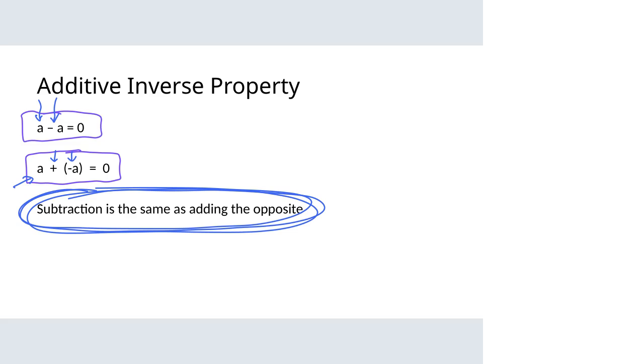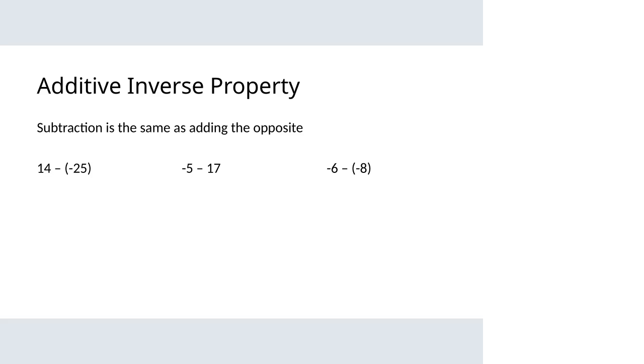Here's what I mean. So, putting the additive inverse property to work, the idea that subtraction is the same as adding the opposite. Me personally, 14 minus negative 25, that's hard for me to manage. Even entering that in a calculator might get fuzzy for me.